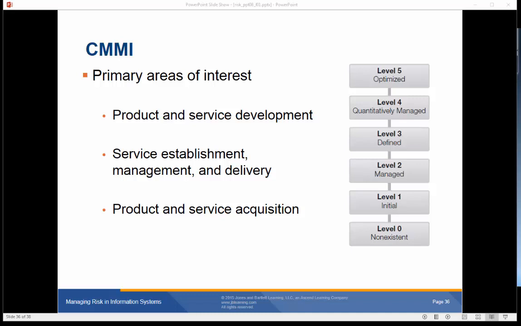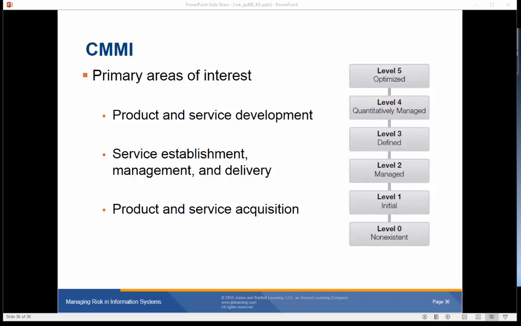Level 4, quantitatively managed. The organization measures and controls security processes. It has formal policies and standards in place. It performs regular risk assessments and vulnerability assessments. Level 4 is acceptable for most any organization.